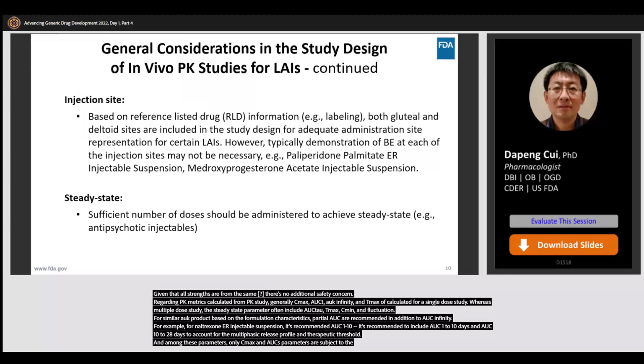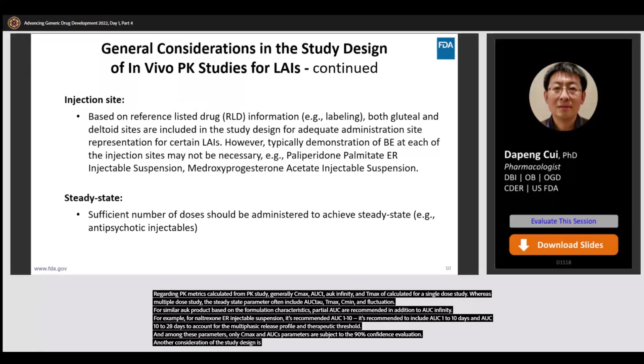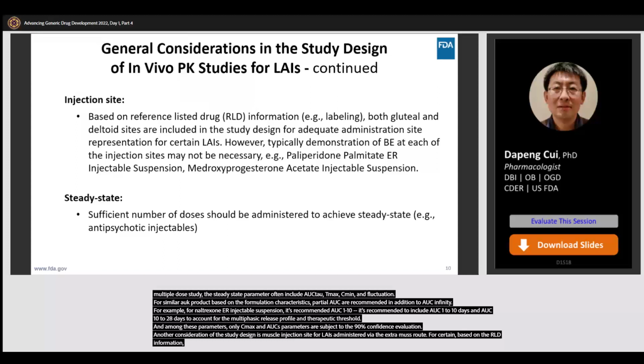So another consideration in the study design is the muscle injection site for LAIs administered via the intramuscular route. For certain LAI products, based on the RLD information, for example, in the labeling, both the gluteal and deltoid sites should be included in the study design for adequate site representation.